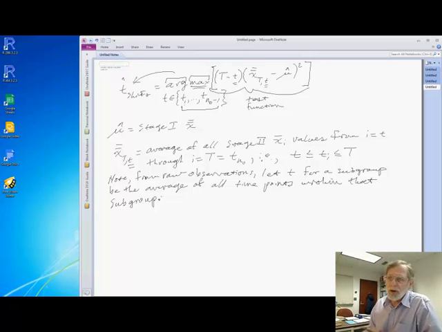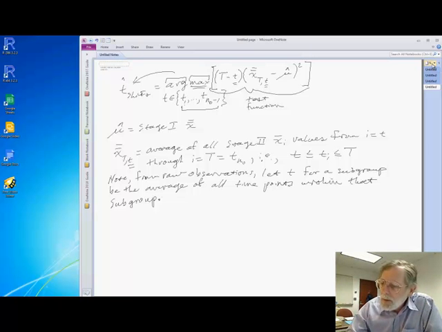So if you have a subgroup size of 4 and you take observations at 1 o'clock, 1:15, 1:30, and 1:45, you'd average those 4 time values to get the time for that subgroup.